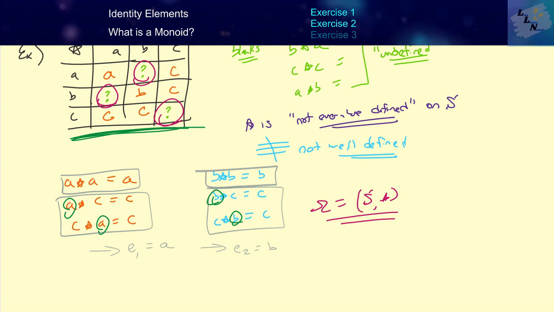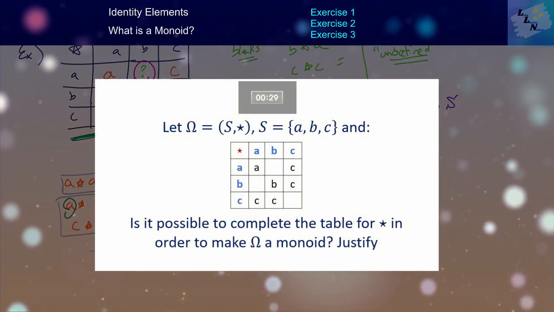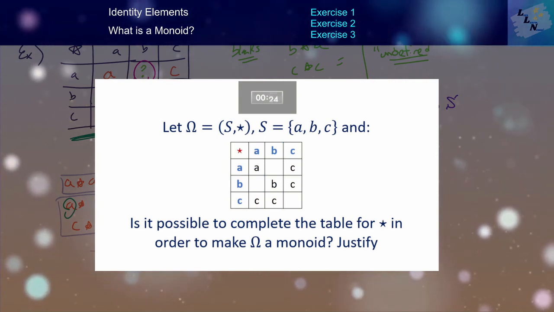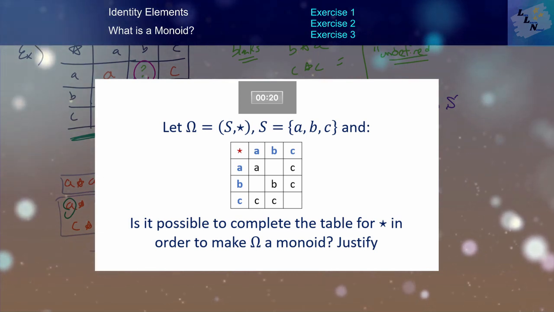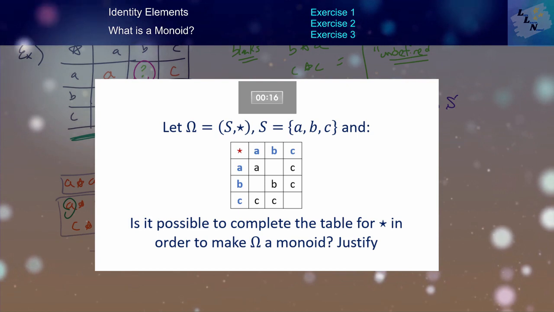Is it possible to fill in those three blanks such that omega is a monoid? Let omega be S star, and let S contain A, B, C, and define star partially on S to be this following table. Is it possible to complete the table for star in order to make omega a monoid? Justify your answer.